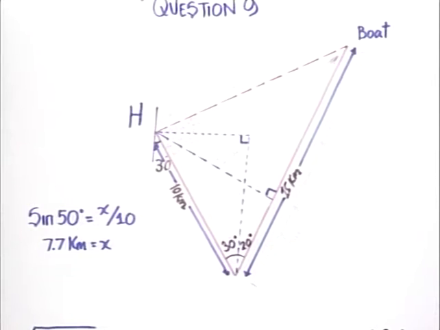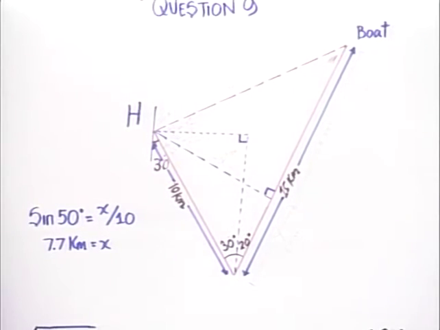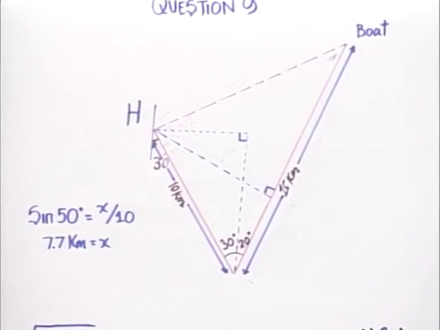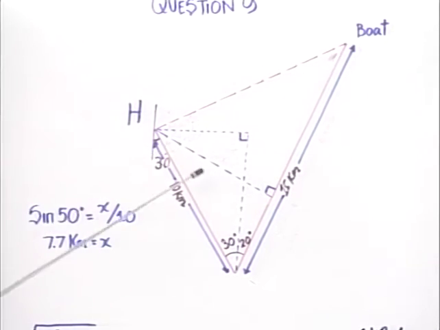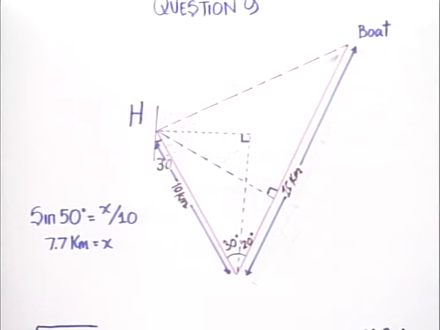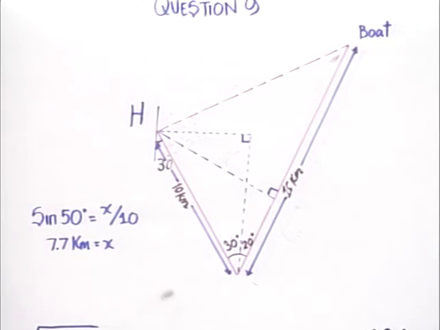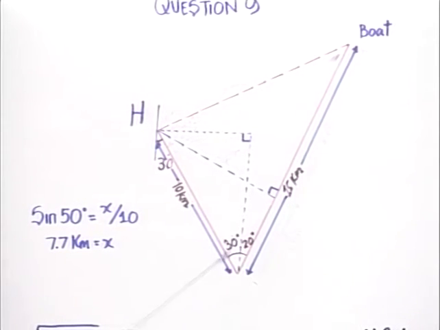First, to find how far the boat is from H, you draw a right angle here. We use the figures to draw a right angle triangle, two right angle triangles actually. So sine 50 degrees is equal to opposite x over hypotenuse 10. So this x is 7.7 kilometers.